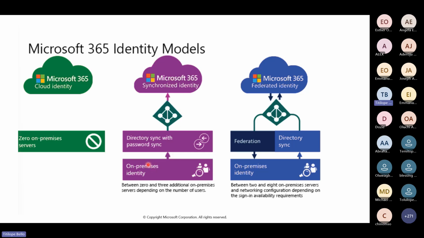You already have your Active Directory that is managing your user identity on-prem. And now you have signed up for Office 365 or Microsoft 365 that gave you another identity provider in the cloud.